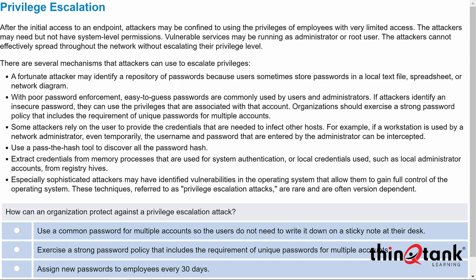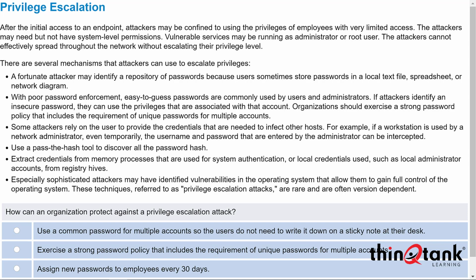All right. And they do mention a couple of different mechanisms here to escalate your privileges. An attacker may identify a stored location of passwords on the computer that they were able to gain access to. And now we can use that information to identify more privileged accounts, right?